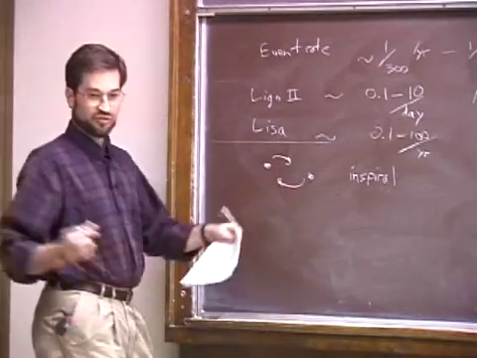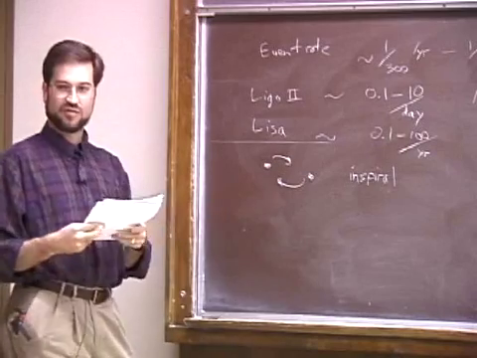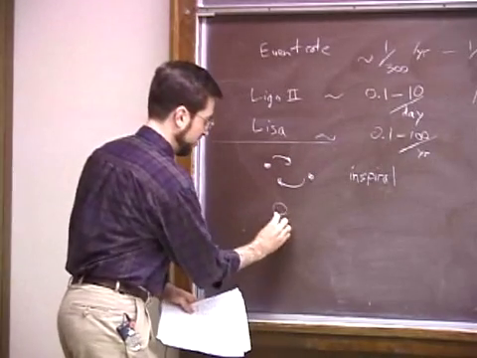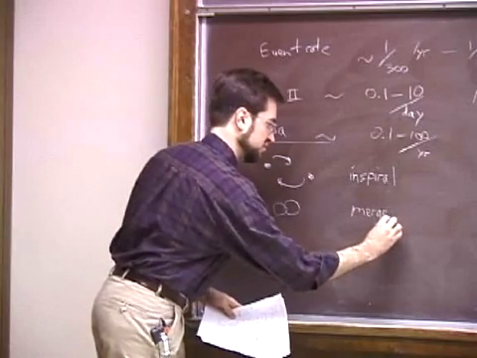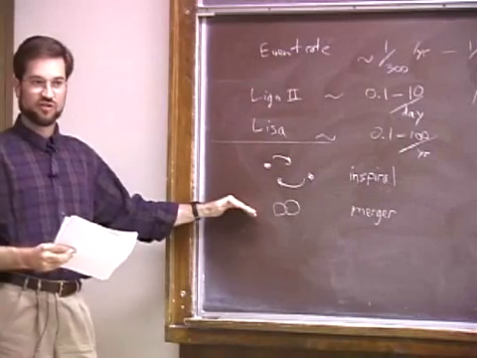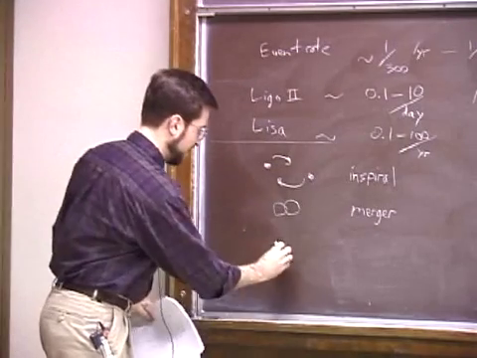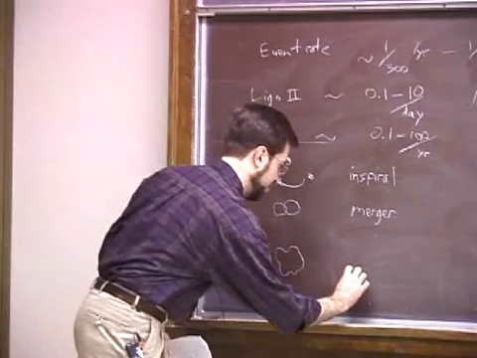Once the two black holes are close enough after losing energy due to gravitational radiation, then you have the merger phase. And this is what I'm going to be concerned about. And finally, you have the ring down phase.